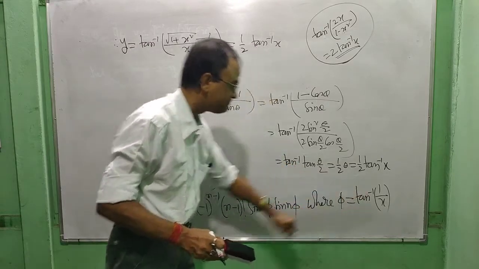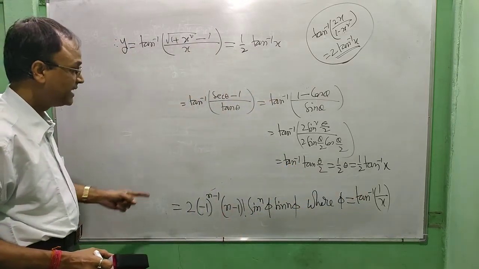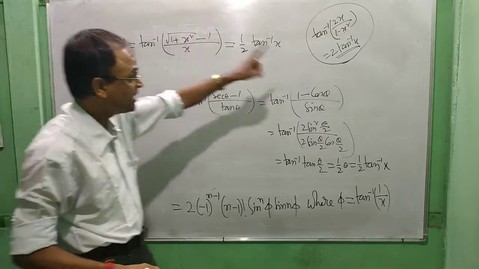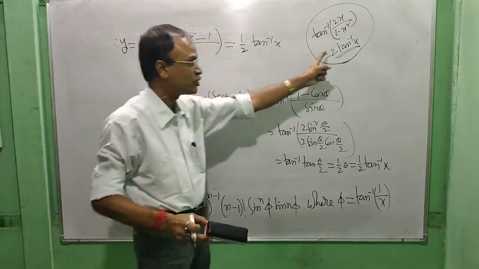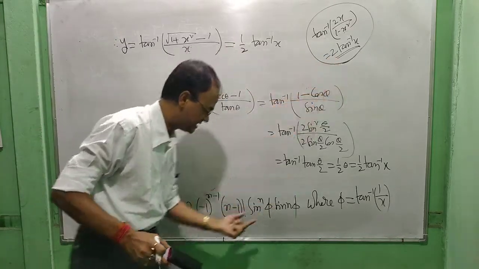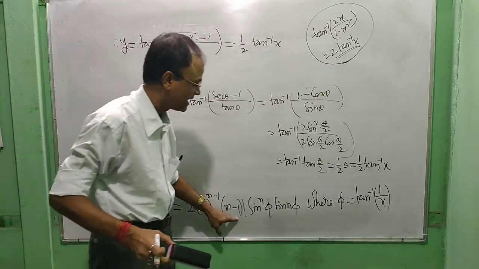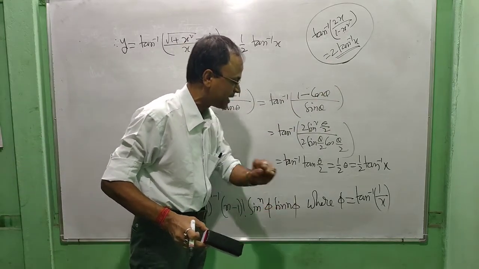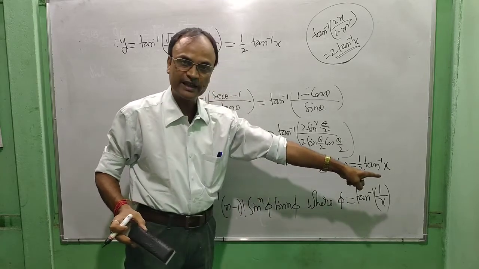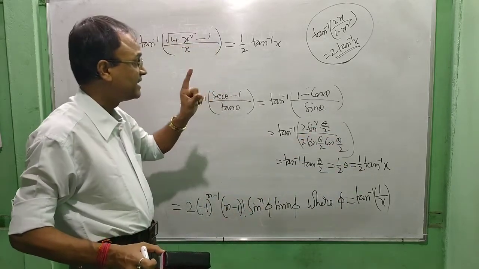Therefore, the nth differentiation of twice tan inverse x is equal to 2 times of minus 1 whole to the power n minus 1, factorial n minus 1, sin to the power n phi, sin n phi, where phi equals tan inverse 1 by x or cot inverse x.